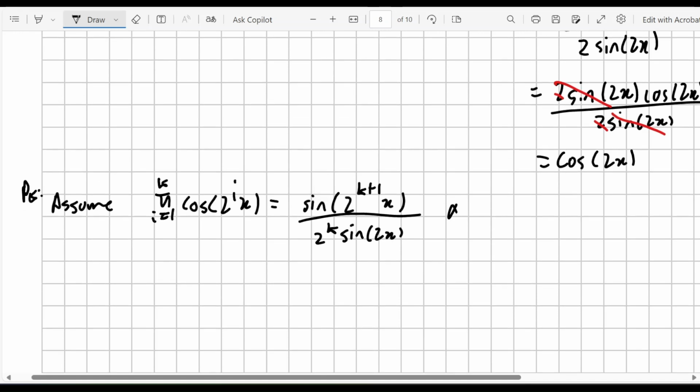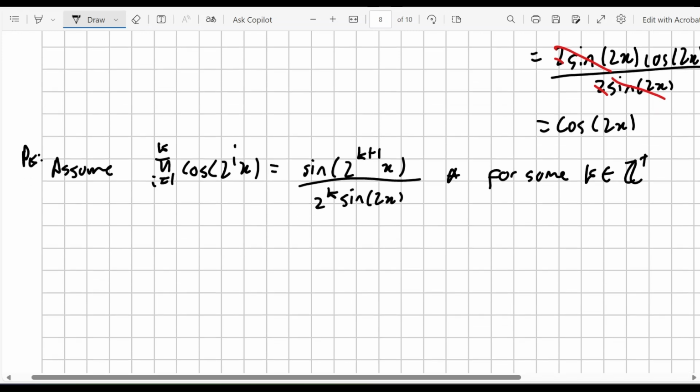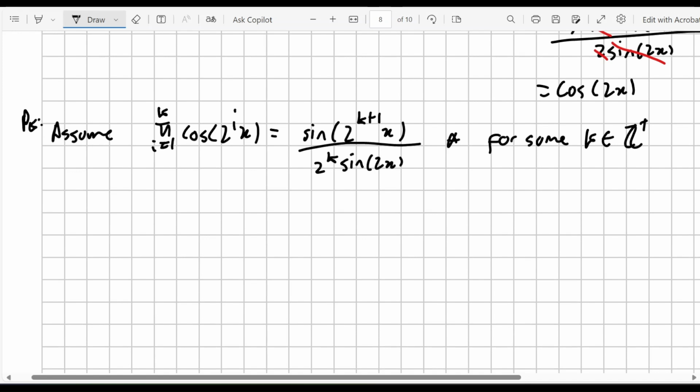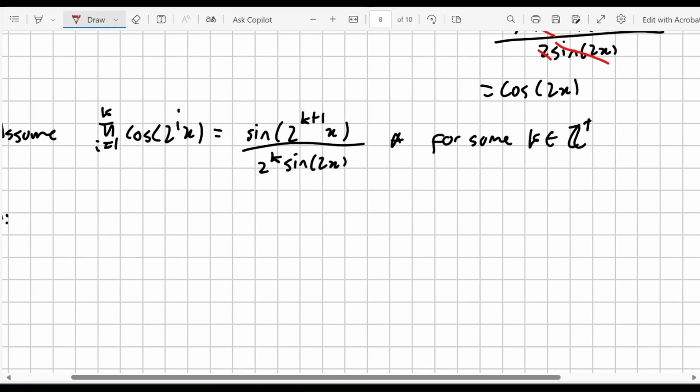We're going to call this star, for some k in the positive integers. Wonderful. All right, P(k+1). It's probably worth doing our 'want to show' over here. So we'd like sine of 2^(k+2) x over 2^(k+1) sine of 2x.